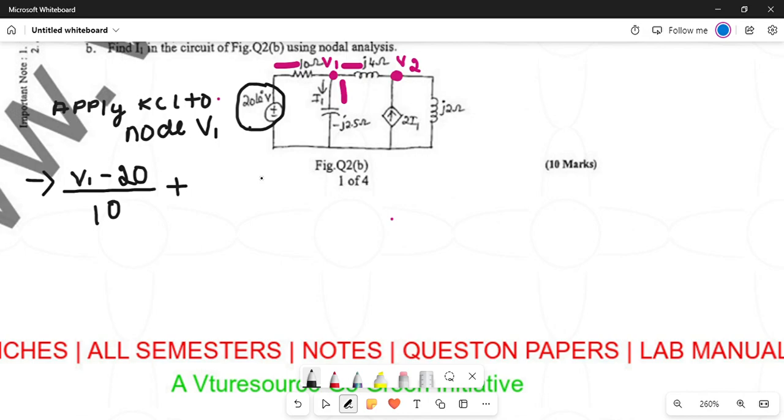You can take the algebraic sum of all the currents entering the node equal to the algebraic sum of all the currents leaving the node, or you can take the algebraic sum of all the currents leaving and entering the node equal to 0.